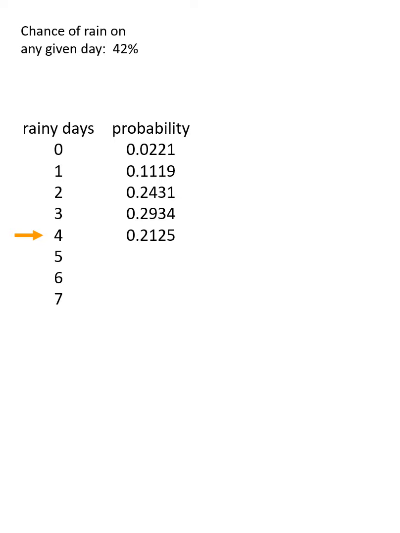And so far you can see that the most likely outcome in any given 7-day week is that there'll be 3 days of rain. Again, I haven't gotten to the part where I'm telling you where these numbers come from yet. That's the very detailed calculation soon to follow. But my calculations show that a 7-day week is 9% likely to have 5 days of rain.